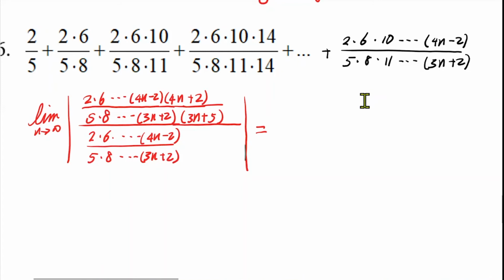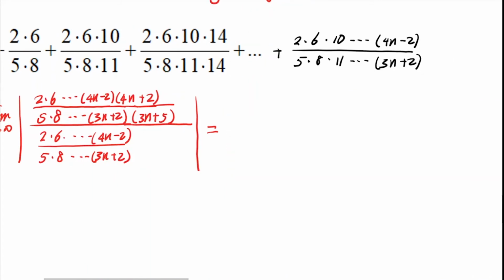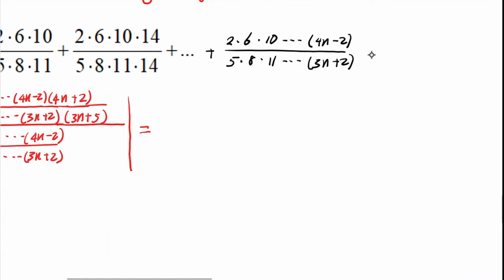Do you know what this thing is called in higher mathematics? Pi, giant pi, of 4n minus 2, where n starts from 1 to infinity. And this thing is pi of 3n plus 2, and this also starts from 1.